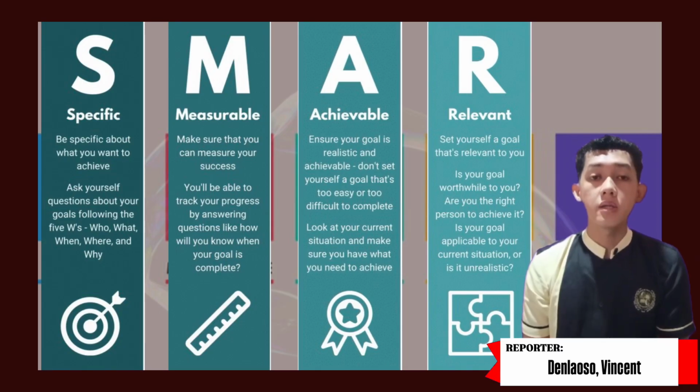Relevance ensures that all planning, resources, and activities are focused and meaningful. When goals are relevant, they help guide decision making, avoid wasting time on unrelated tasks, and make sure the event truly serves the needs and expectations of the target audience. This also makes it easier to measure the event's success because the outcomes will clearly reflect the event's original purpose.